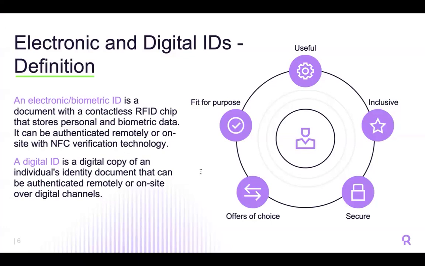It can be authenticated remotely via smartphone or on-site via a passport reader device with a built-in NFC verification technology. The electronic chip contains the personal data from the passport and the biometric facial image, as well as information that helps to validate it. In simple words, an electronic ID is a physical passport with an RFID chip inside.